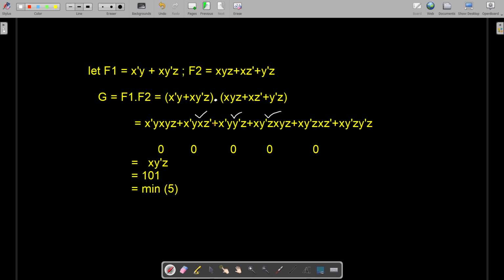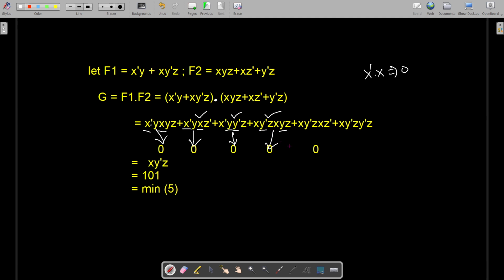So if you look at this, here we have this x dash x that is ANDed, right? So we know that x dash dot x results in 0. So this becomes 0. And here if you check it out, here also we have this x dash x. So this becomes 0. And if you look at this, here it is y y dash, so it becomes 0. And here we have this y dash y.